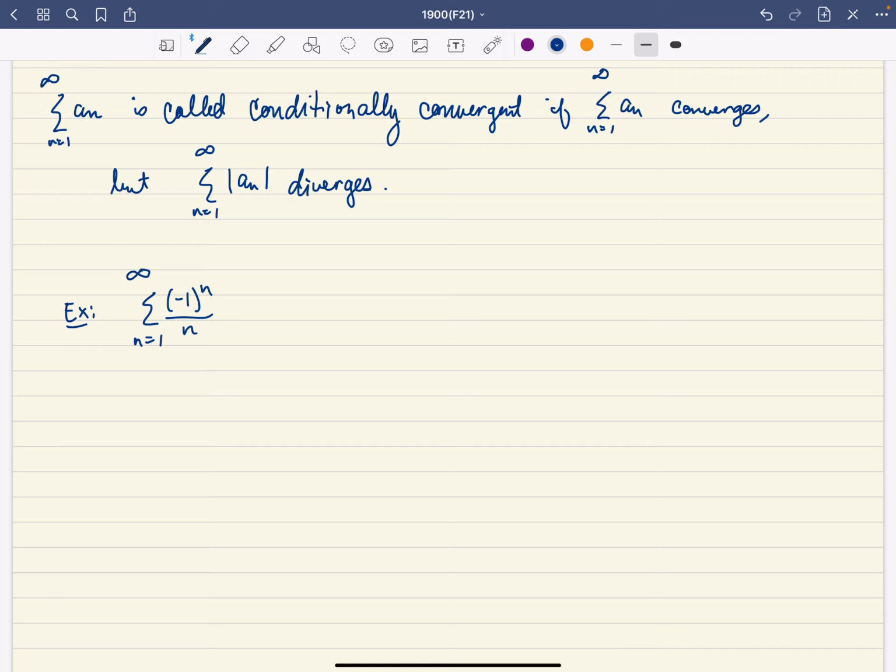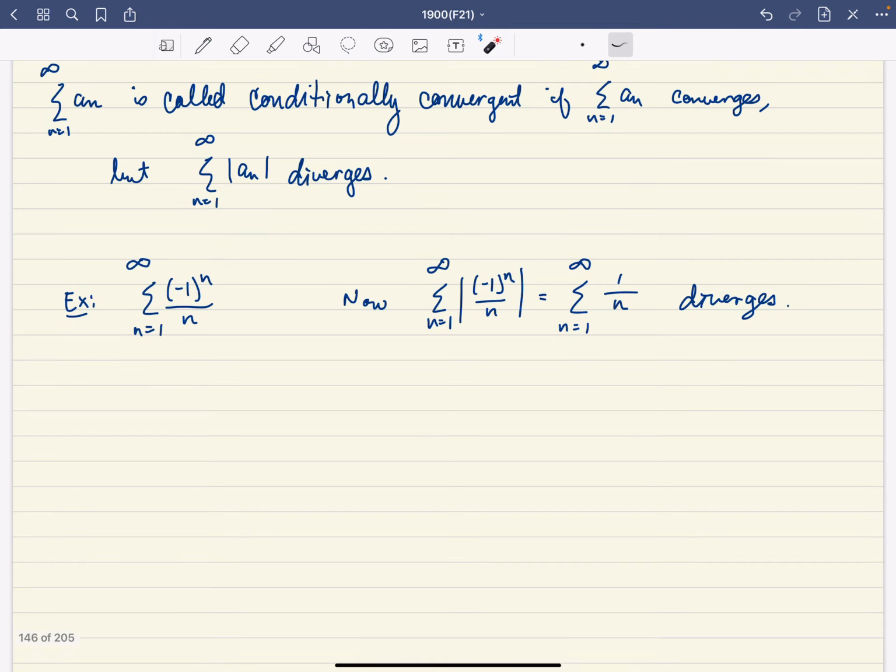If you take the absolute values, this is the sum from 1 to infinity of the absolute value of negative 1 to the n over n. The absolute value of negative 1 to the n is just 1, and n is positive, so this is 1 over n. And this diverges because it's a harmonic series.